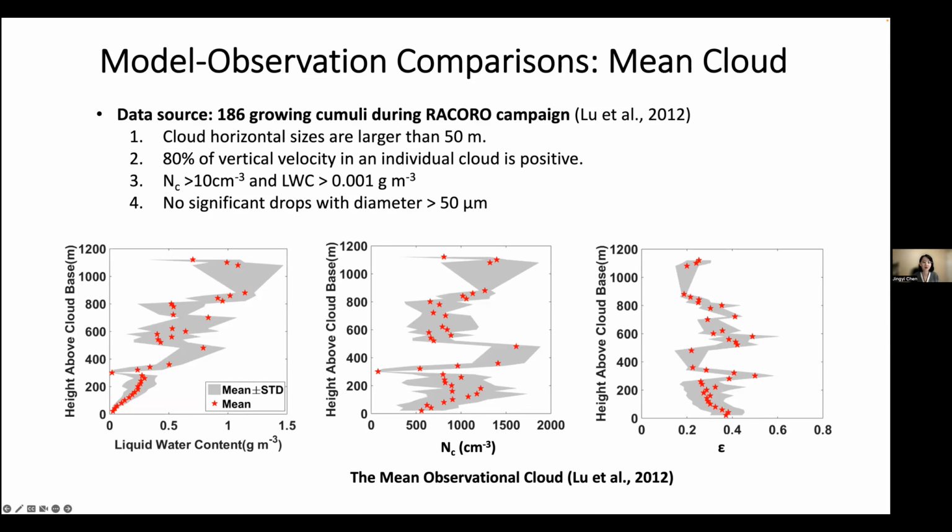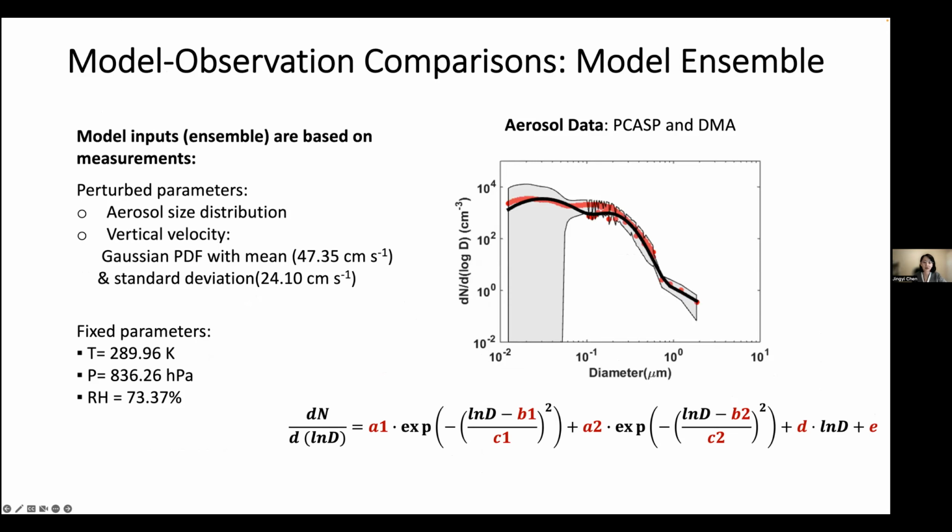To compare the model with the observation, here we use the perturbed input for the model, and the aerosol is based on the measurements from the 2 instruments, and we do the curve fitting to have this log normal distributions. We perturbed some parameters to have an ensemble simulation.